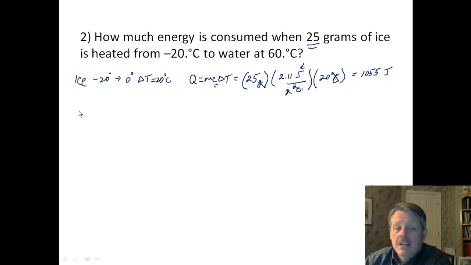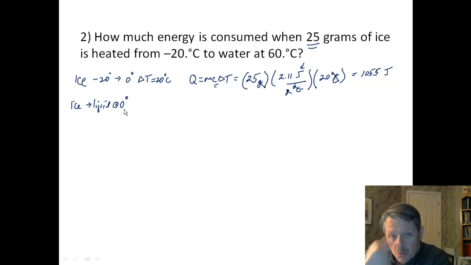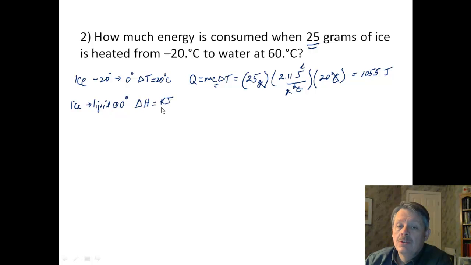Now, the second thing I have to do is go from ice to liquid water, and all of that happens at 0 degrees Celsius. So I don't have any temperature to worry about because my temperature is not warming up. Here, what I know is that my delta H is in kilojoules per mole of water.